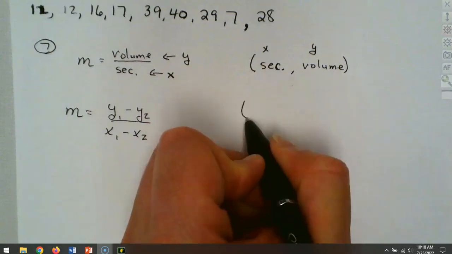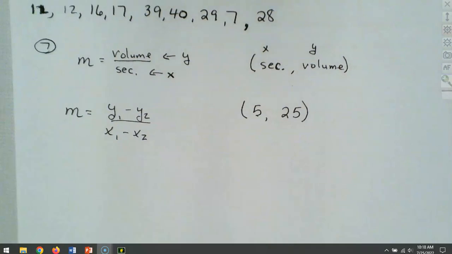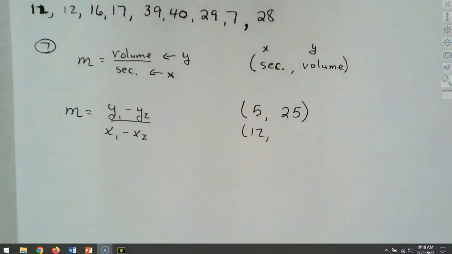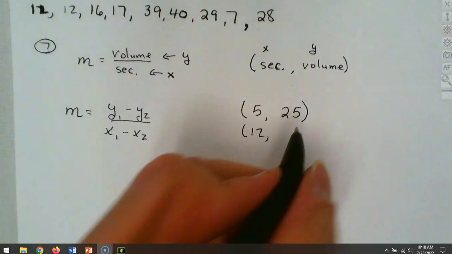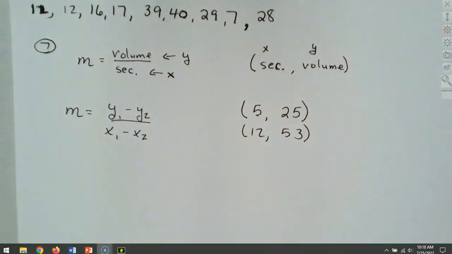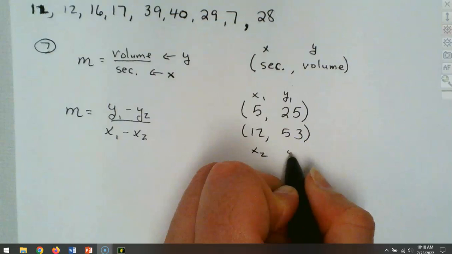So our first ordered pair is going to be 5 seconds, and our volume is 25. And after it had been filling for 12 seconds, it indicates 53. So there's our second ordered pair. Now we've got them, x1, y1, x2, and y2.